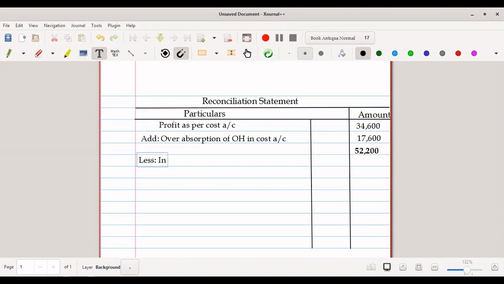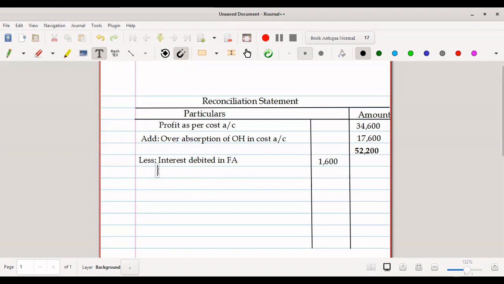That is interest debited in financial account. The amount given is 1,600. There are more items here to be deducted, so I'm taking them in the inner column.